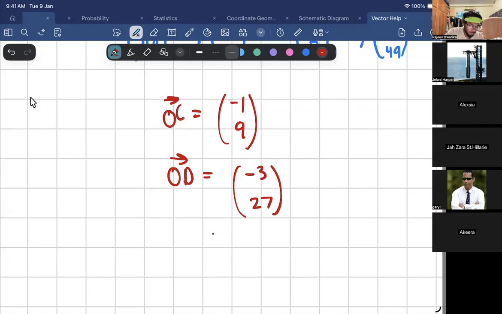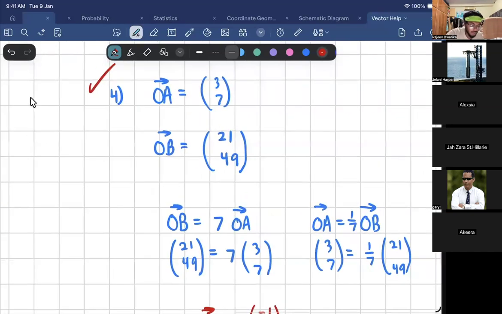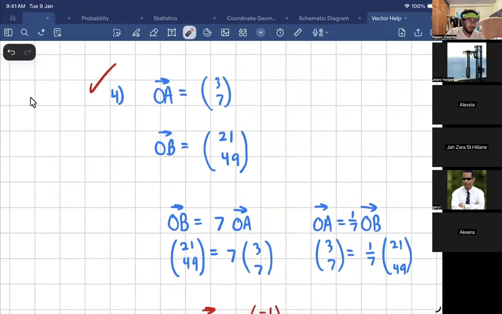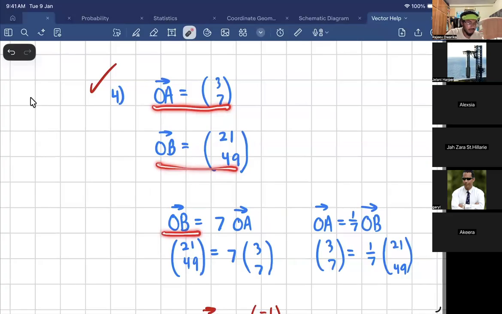So 3. Now, you gotta tell me vector OC is equal to 3 times what? You gotta tell me the specifics. All right, check this out, right? Over here, we said that OB was 7 times OA. You see what I'm talking about? Yes.